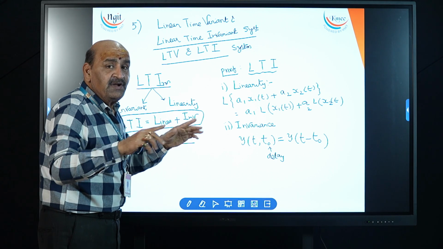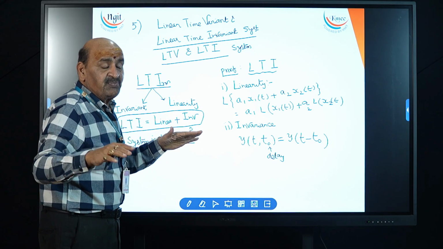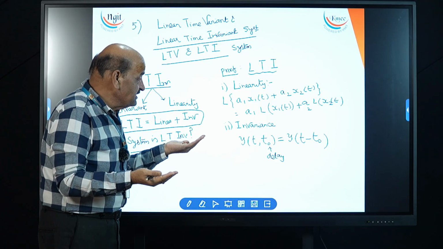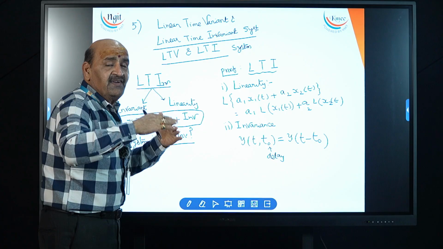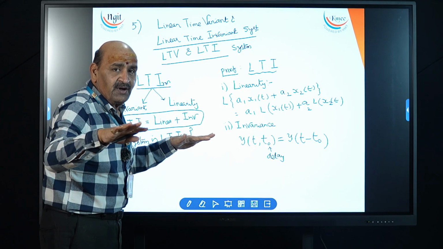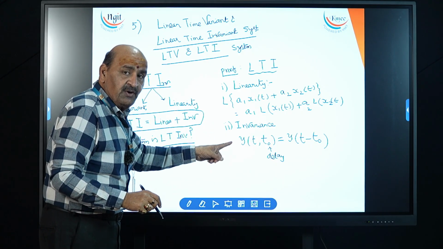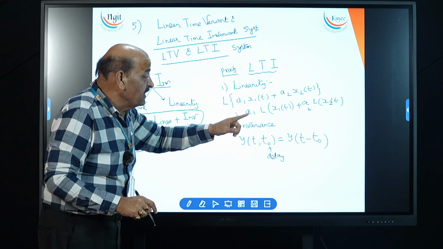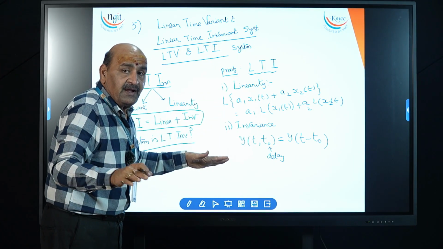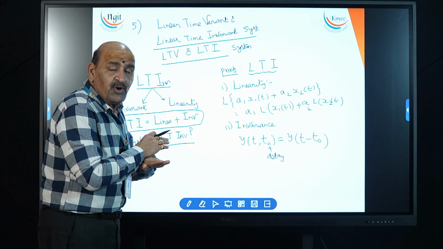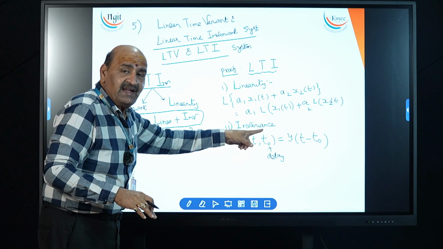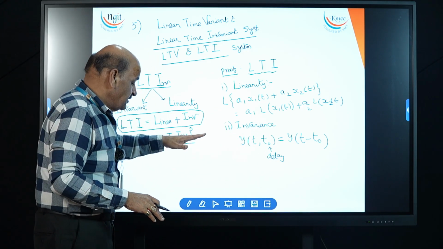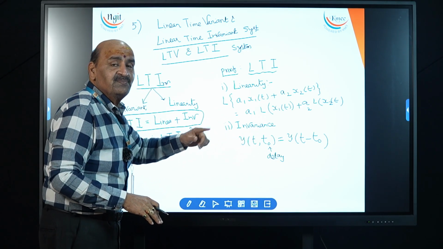These two should not be changed according to time. Whether you exercise this input now or tomorrow or day after tomorrow, irrespective of the geographical locations, whatever the input you give, the corresponding output, it is able to give properly. That is called, there is no influence of time on that system. That system is called invariant system.